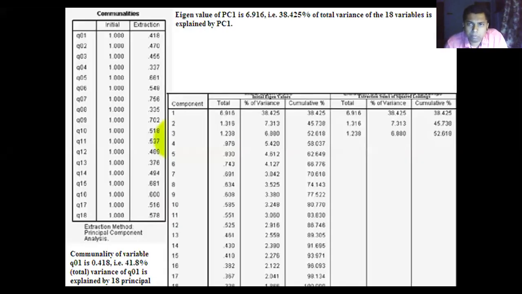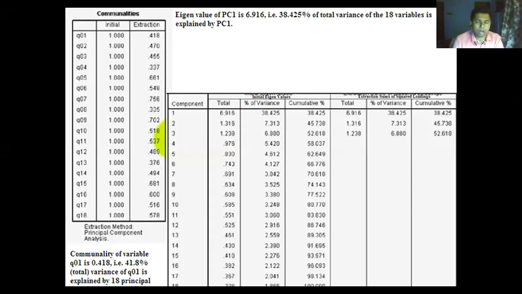Because if we know the drawbacks of principal component analysis, then we can understand the importance of factor analysis, which will be our next topic.